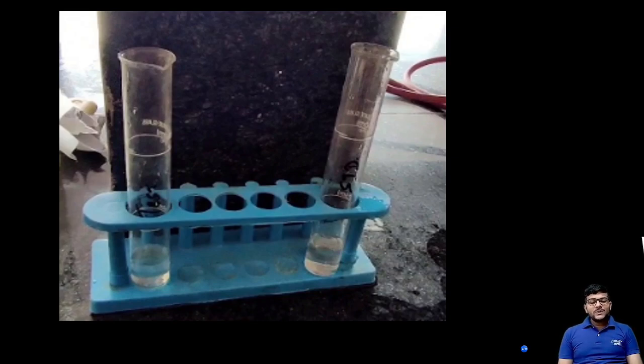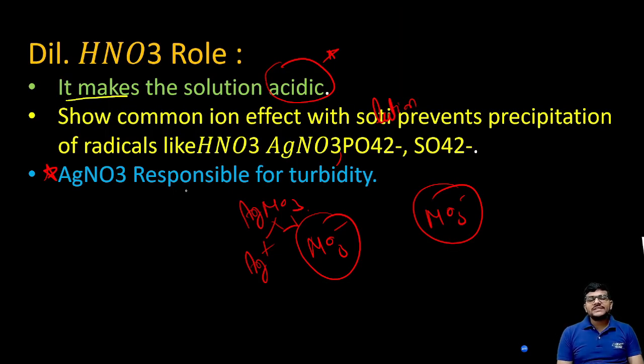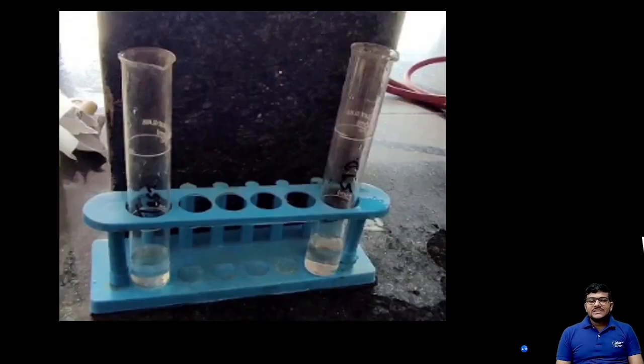We are able to see that there is a formation of turbidity. As I told you, AgNO3 is responsible for the turbidity in the limit test of chloride. Suppose this is our standard solution and this is our test solution.